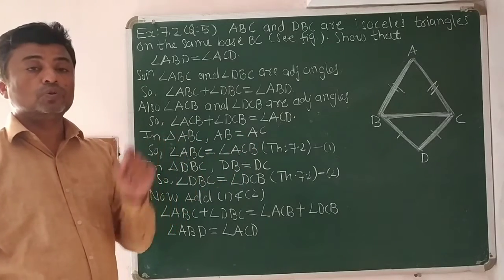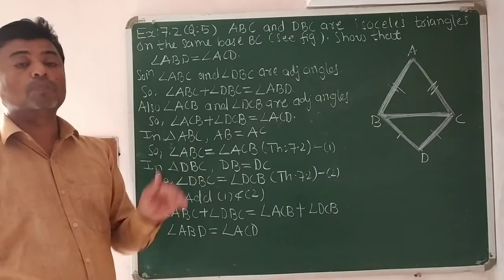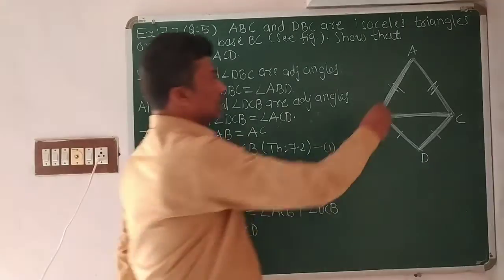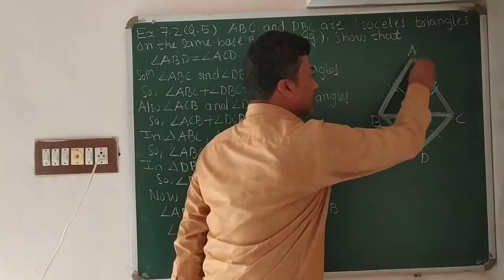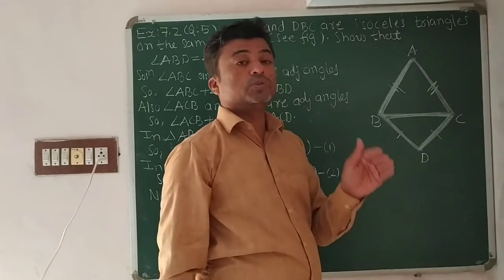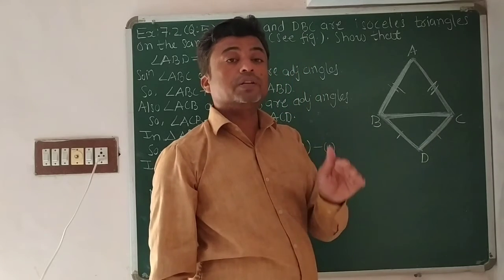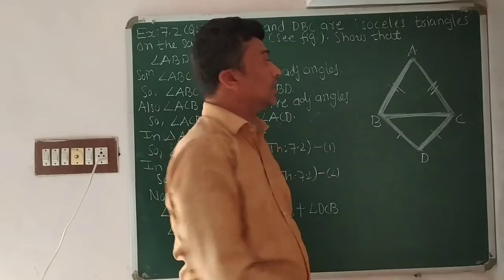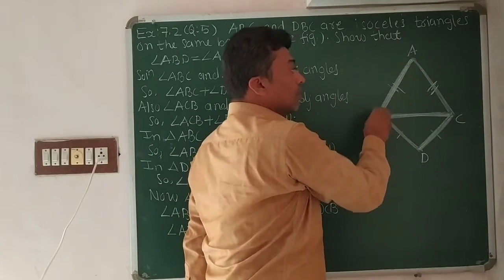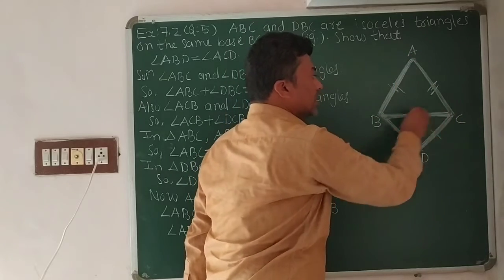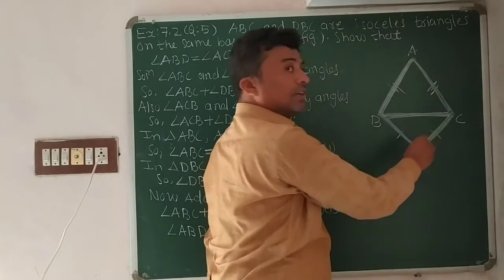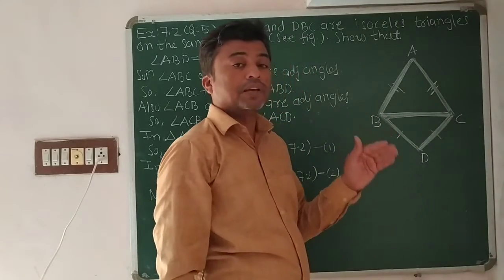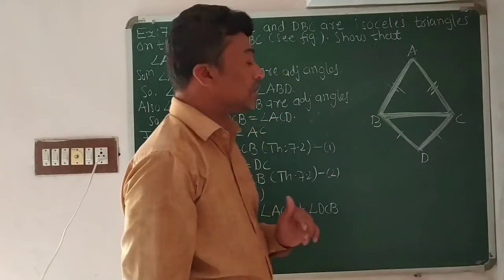Equal sides, opposite angles are equal. Here AB is equal to AC. Side AB, its opposite angle is what? Angle ACB. Side AC, its opposite angle is what? Angle ABC. Means angle ABC is equal to angle ACB.